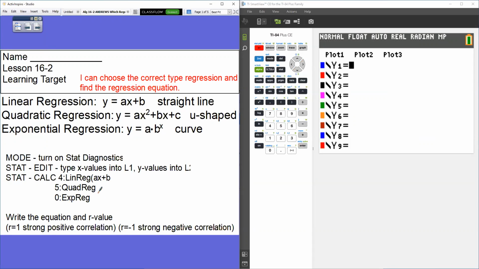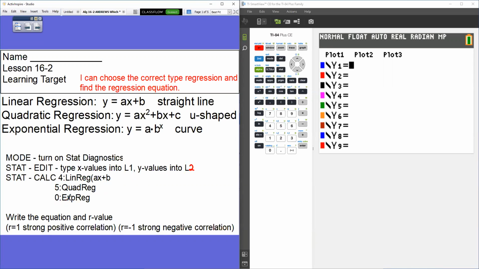So remember from yesterday, you're going to have to type in values into your L1 and your L2. And then to find the linear, quadratic, or exponential regression, you go to stat calc, number 4, number 5, or 0.